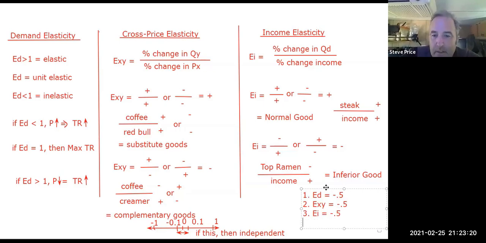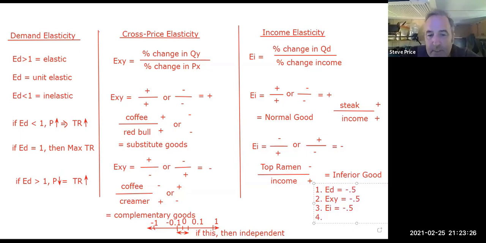And then I'm going to do those 3 things again, but with different signs. E sub D is equal to 10, E sub XY equals 10, and then you got it, E sub I equals 10.